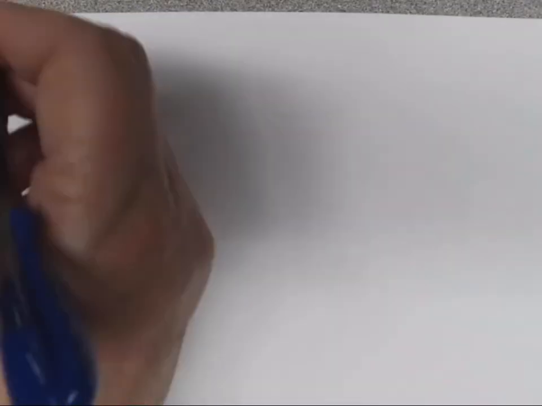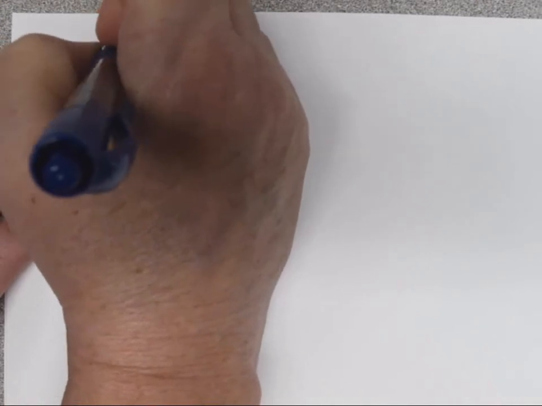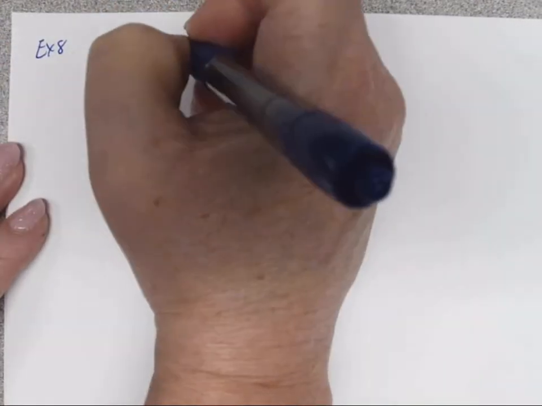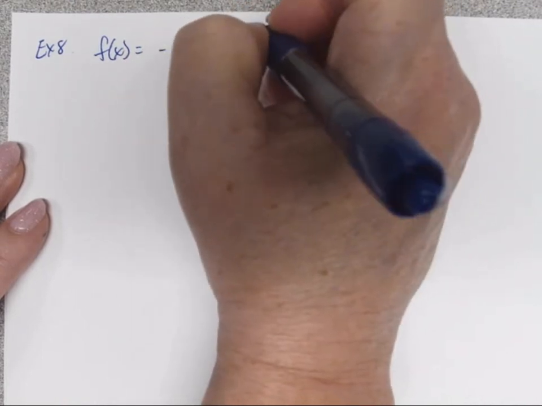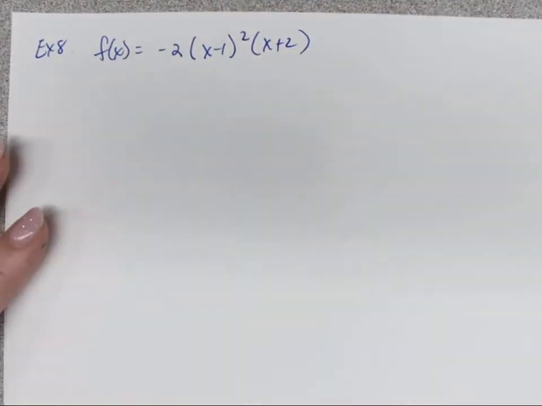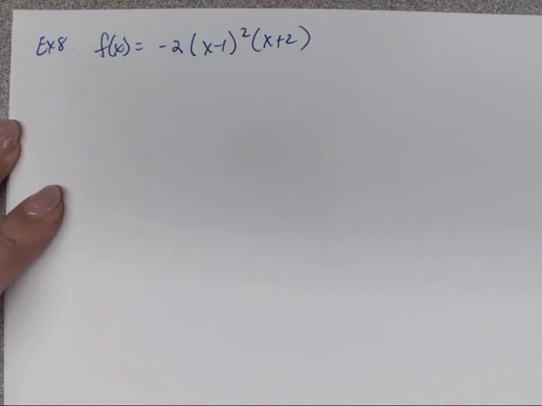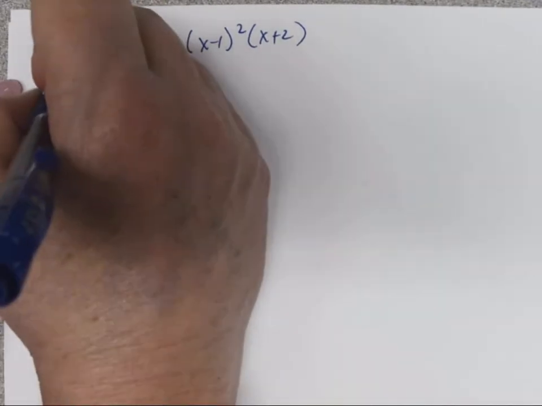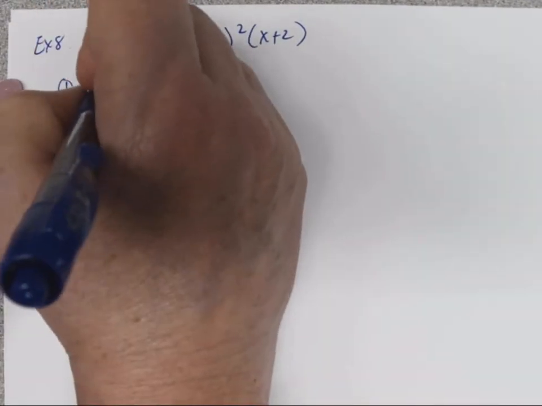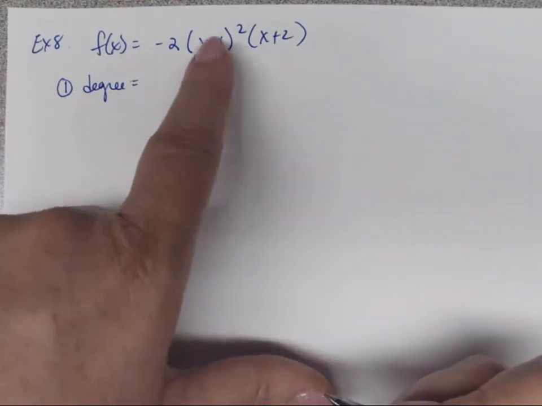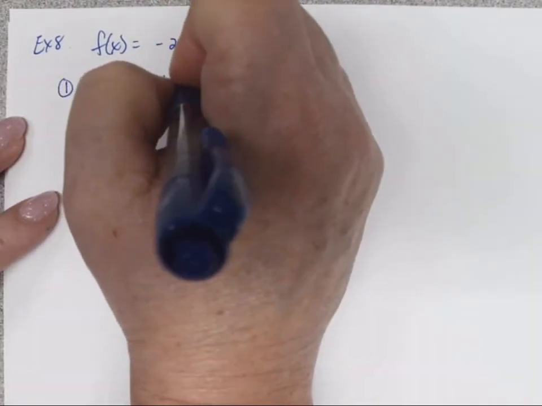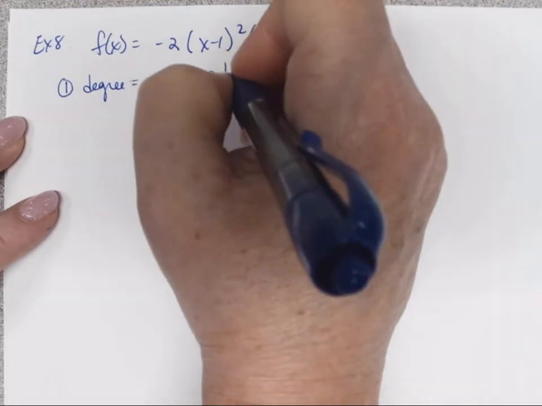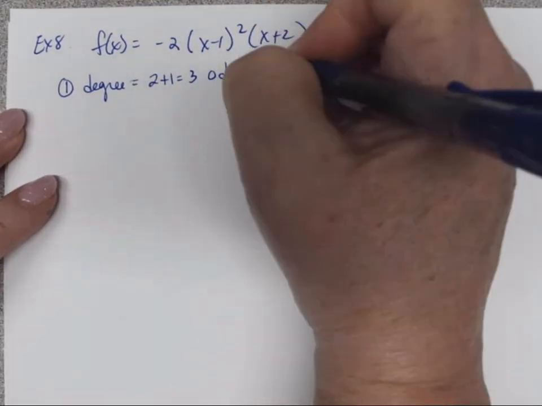All right, so this will be example 8. And we are looking at f of x is equal to -2 times (x minus 1) squared times (x plus 2). So, same steps, we're looking at the degree. Our degree is going to be 2 plus 1, which will get us 3, which we care that it is odd.